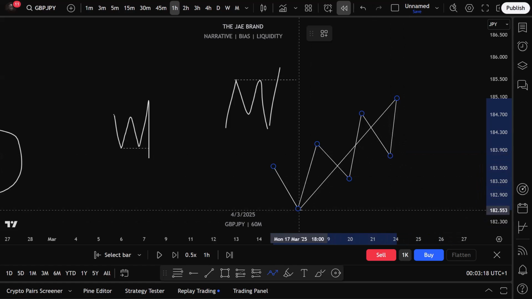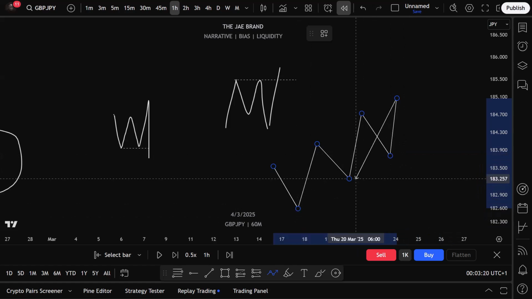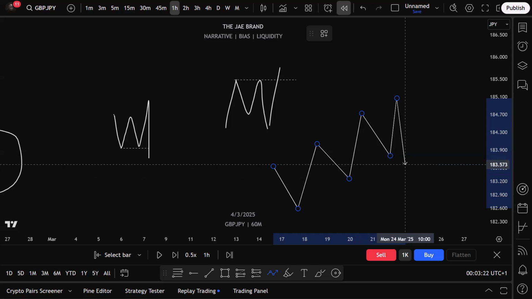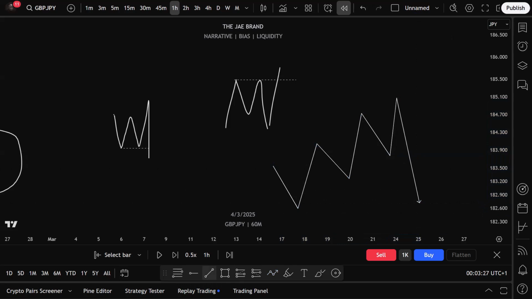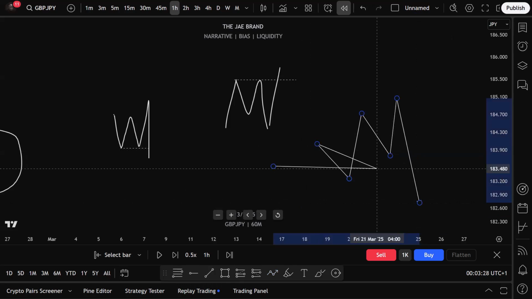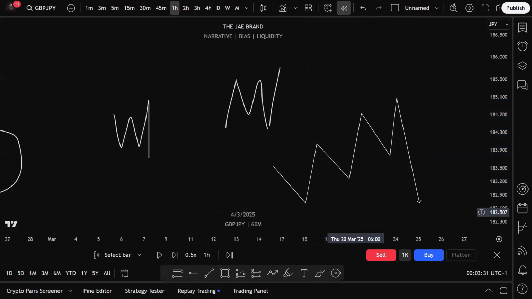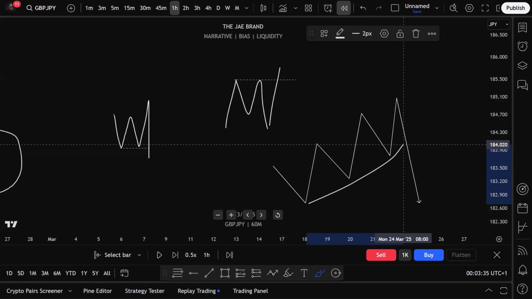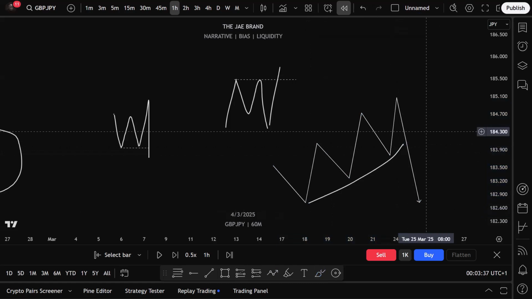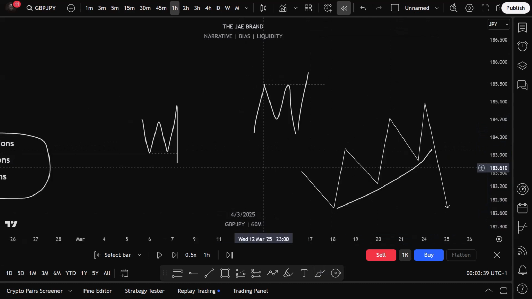I used to hear there's liquidity here, there's liquidity here, there's liquidity here, and of course we expect price to come sweep all the liquidities here, which is not completely or logically out of place.